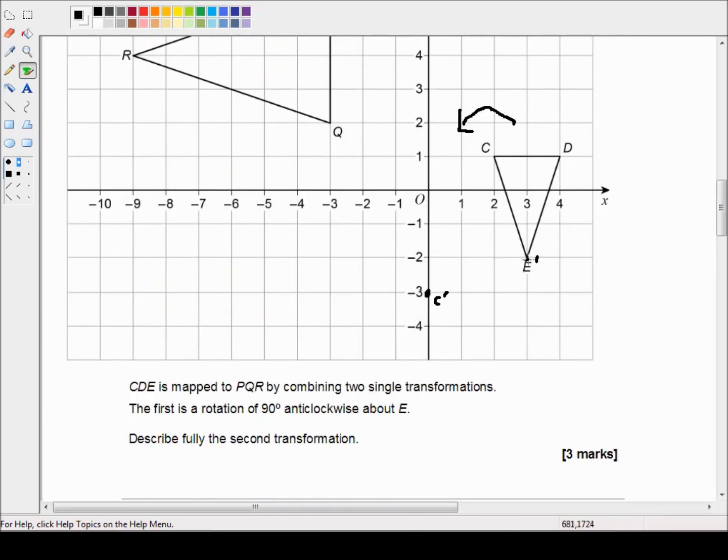Now to get to point D, again we're still going up the same 3, so we're going to end up here, but we're going right 1, so this is +1. So we're going -3 along the x-axis and +1 up the y-axis from point E. So this is our point D prime, or our new D.